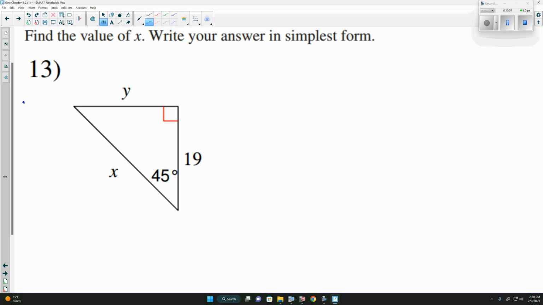We're going to solve for both x and y. Which one do we want to solve for first? X. Because this is also 45, so we could use either one. If we use this one here to solve for x, would we use sine, cosine, or tangent?